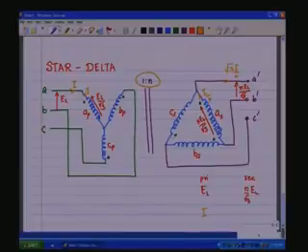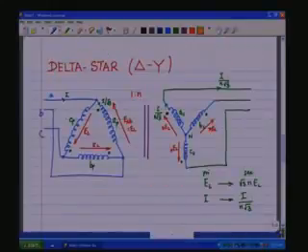So, the current that you will get here is root 3 by n into I. Simple, isn't it? So, this is the relationship between the primary and the secondary side currents, the star delta. Basically, it is the reverse of the delta star what you saw here.